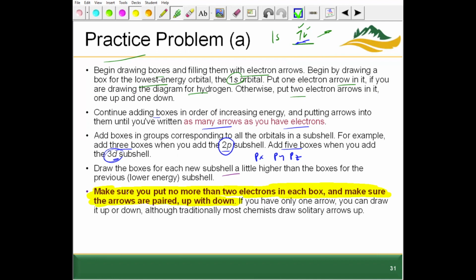We'll pair electrons only if we need to. If we're filling up orbitals and we only have 1 more electron to fill in, it is customary to draw that one in as spin up rather than spin down, but either way is totally fine.